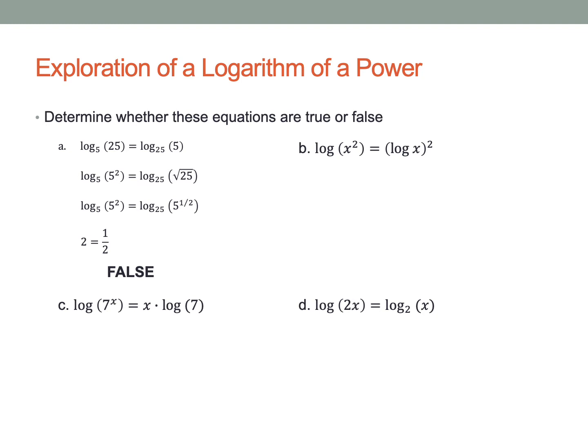So if you graph log of x squared, so remember log without a base is log base 10. So the left side, it looks like that. It's a pretty cool graph. And then if you graph the right side, again, remember, we're looking for the same graph if they're true. You get this. So they're not the same, so the statement is false.